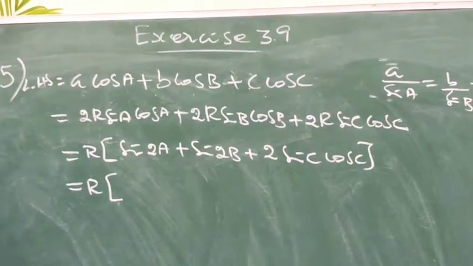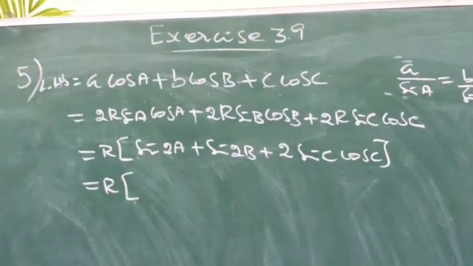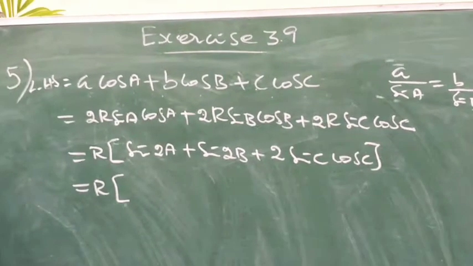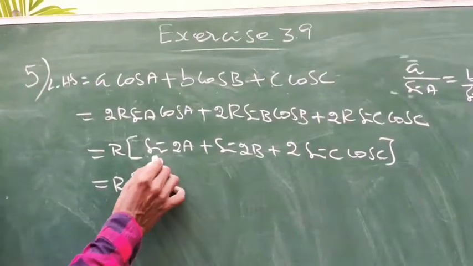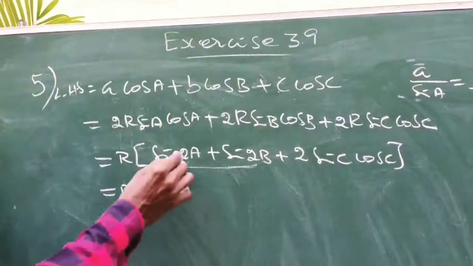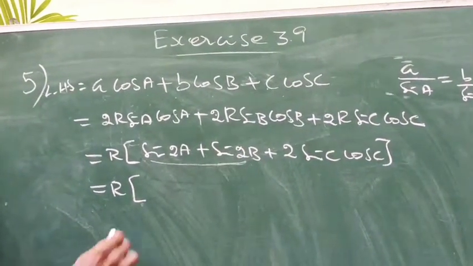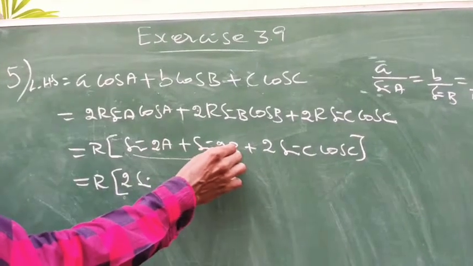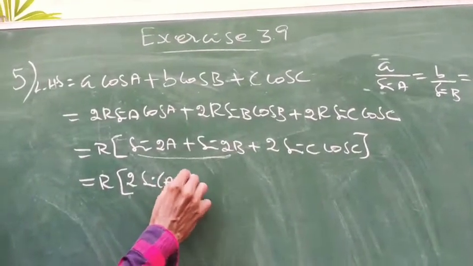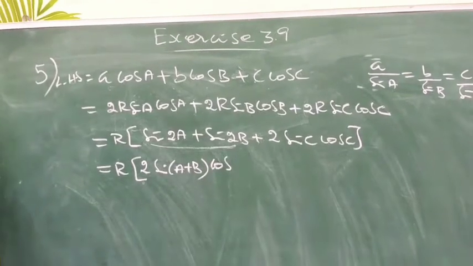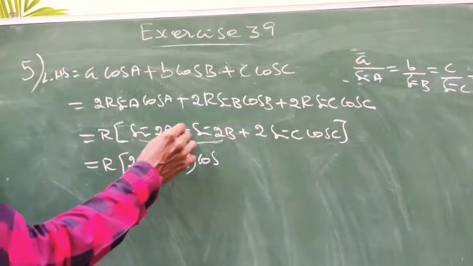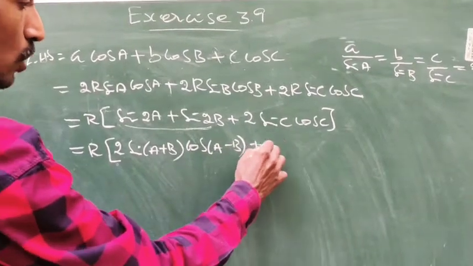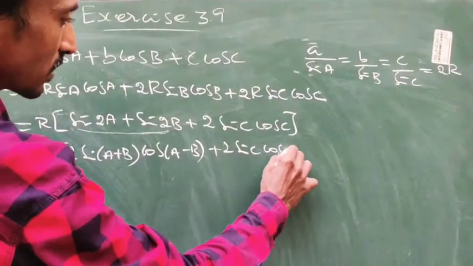It is of the form sin C plus sin D, that is 2 sin (C plus D) by 2 into cos (C minus D) by 2. 2a plus 2b by 2 is a plus b, and 2a minus 2b by 2 is a minus b. Then plus 2 sin c cos c.